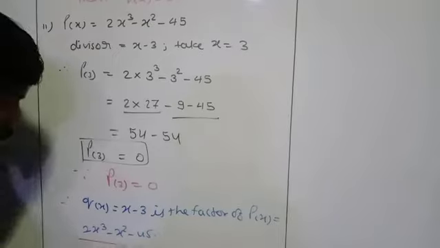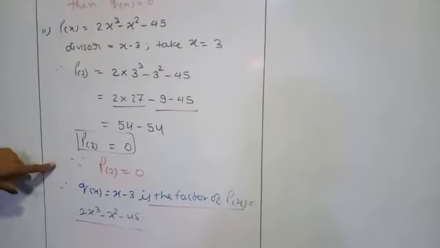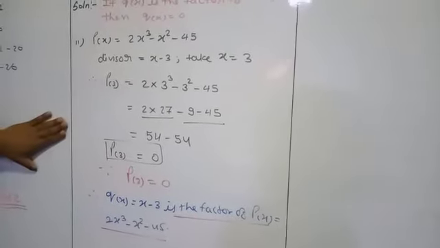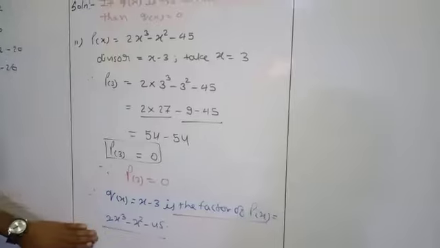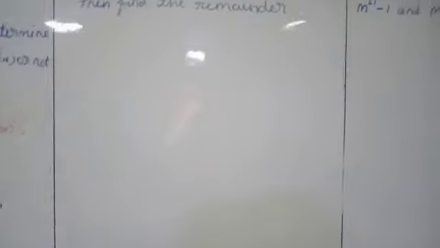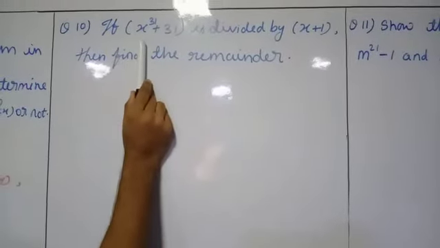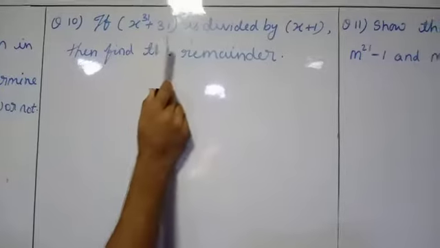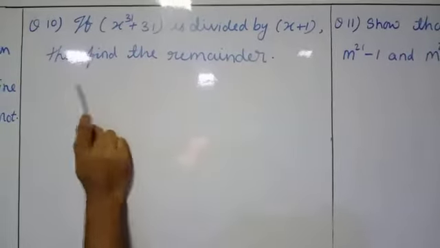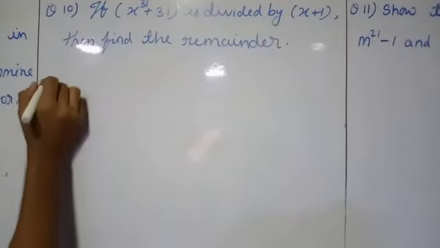If it could be a factor, we will get the answer 0, and if we are not getting 0, it is not a factor of the given polynomial. This way we have to solve it and conclude our answers. Now proceed to the next sum. Question number 10. If x raised to 31 plus 31 is divided by x plus 1, then find the remainder. So let's start it.